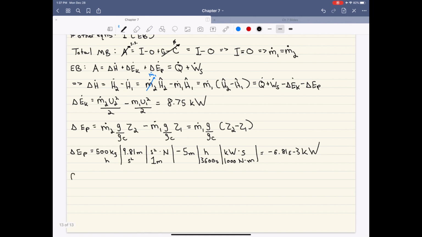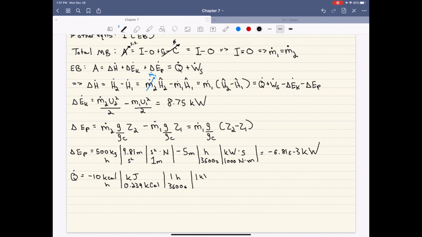Let's keep going through. And now for the heat term, we're given the heat, but we're given it in kilocalories, so we need to do some unit conversion. So 1 kilojoule is 0.239 kilocalories. And now we need to convert to seconds.